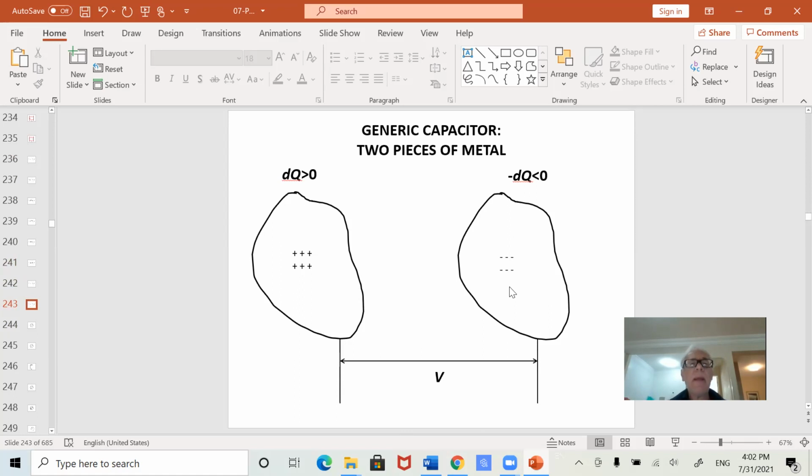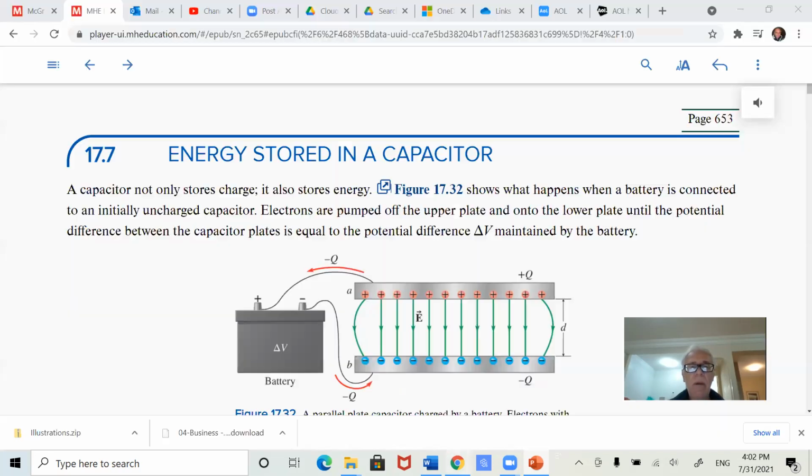It's a little bit difficult, but it is enough for you to understand how it is done. The book explains it very nicely. Let's take a look here at the book. Here you go. We have an illustration of how you charge the plates of this capacitor with negative and positive charge just using a battery.